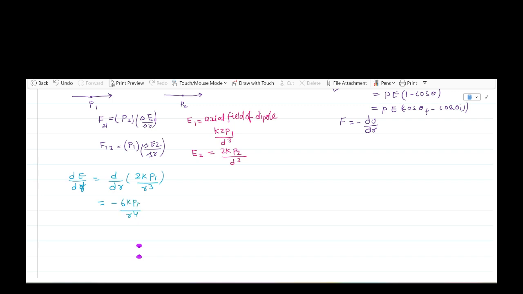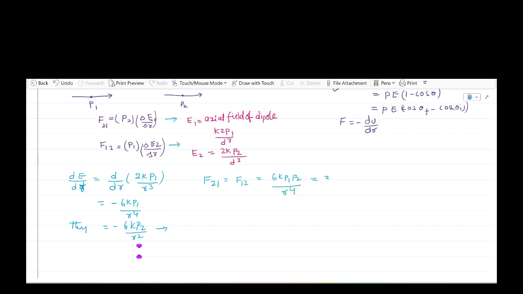So this is dE by dr. Similarly, minus 6K P2 by r power 4. Now substitute these two values in the equations, and I get the force on 2 by 1 equal to the force on 1 by 2. Both are the same, equal to 6K P1 P2 by r power 4.